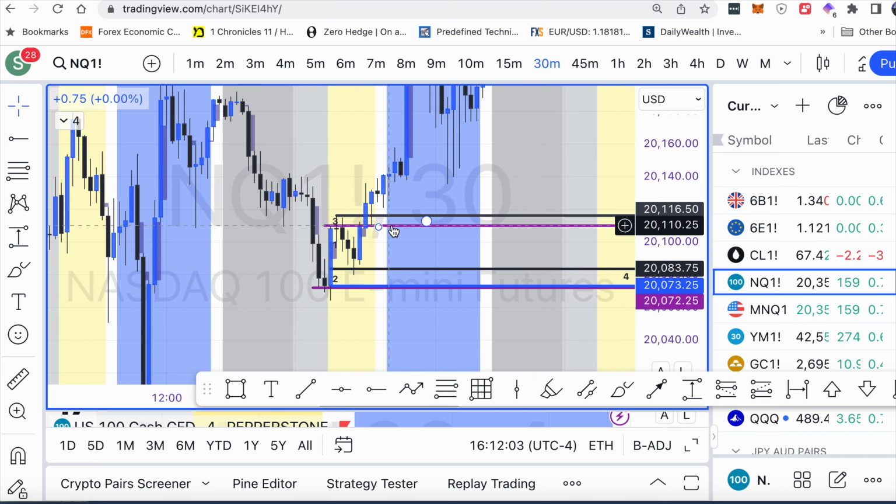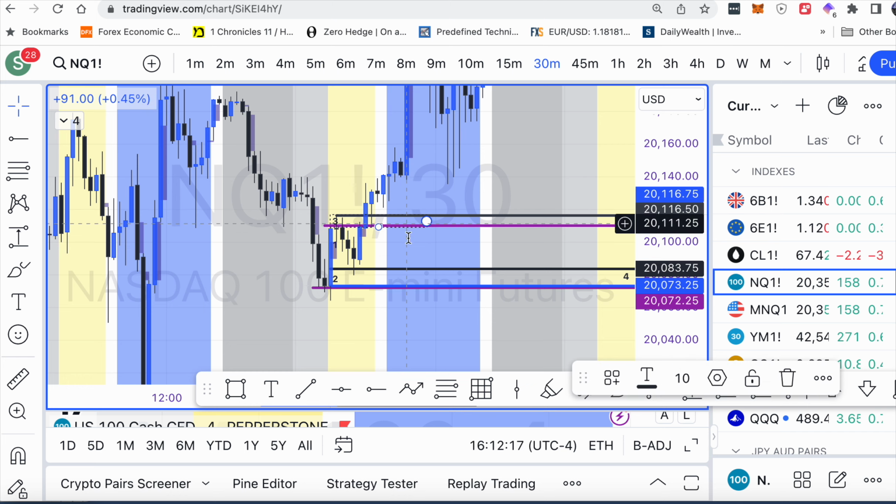I put two lines, this line here, and I put a line below, and that marks the open of the candle, and that marks the high of the candle. Those two kind of navy blue type lines.